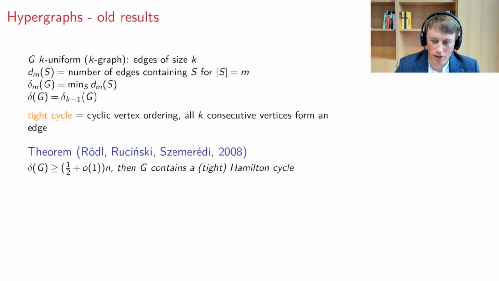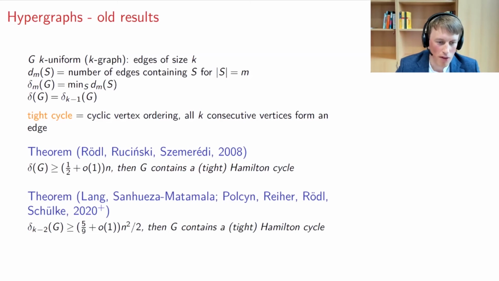I said if you have the minimum k-1 degree, this is far stronger. And our knowledge is only slightly beyond that, because only a few months ago, two groups independently proved the optimal value for the k-2 degree, which is 5/9 times the maximal value.